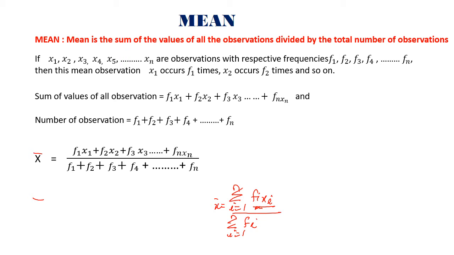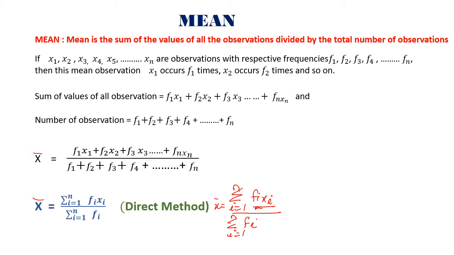So the mean is denoted by x bar, which can be written using this sign, called sigma or summation. Summation i equals 1 to n, fi xi, upon summation fi. This i equals 1 to n means that from the first observation there are a total of n observations.